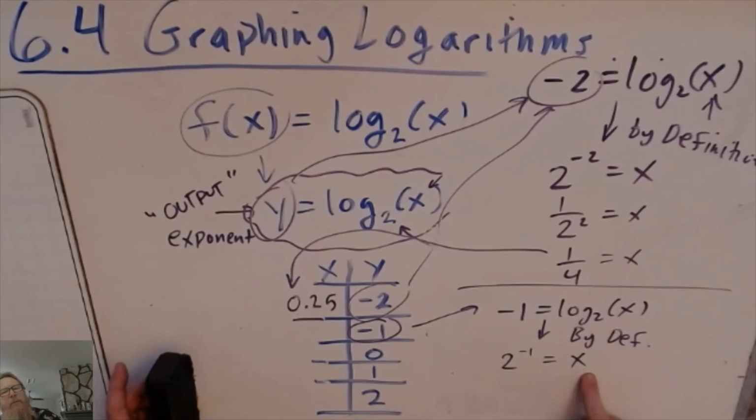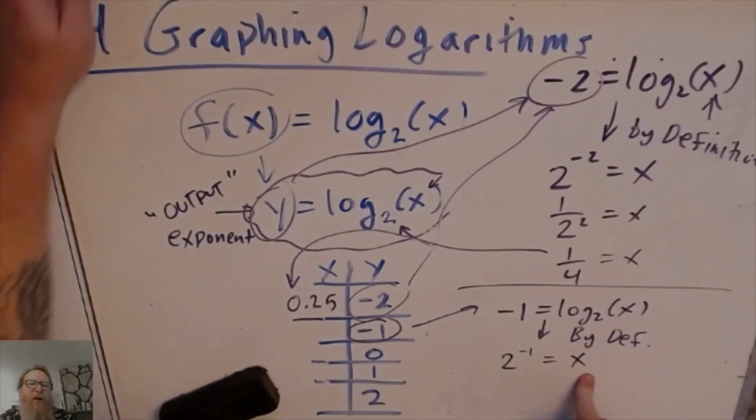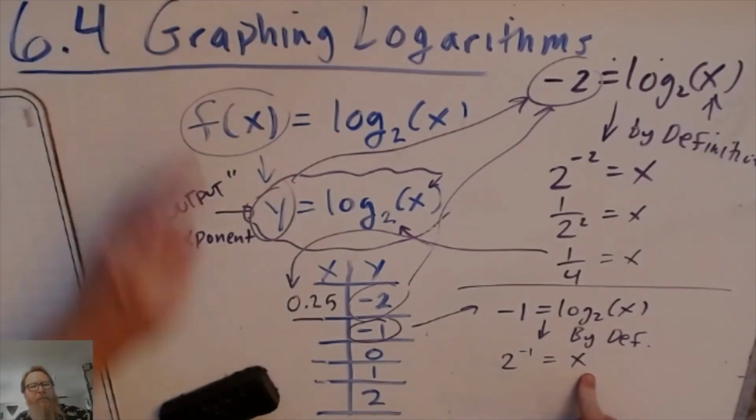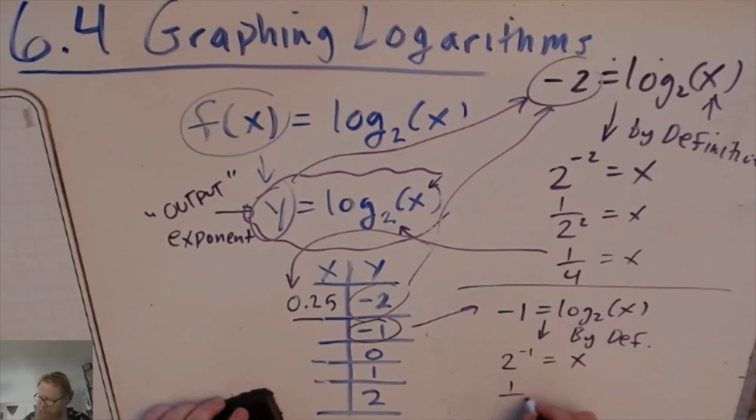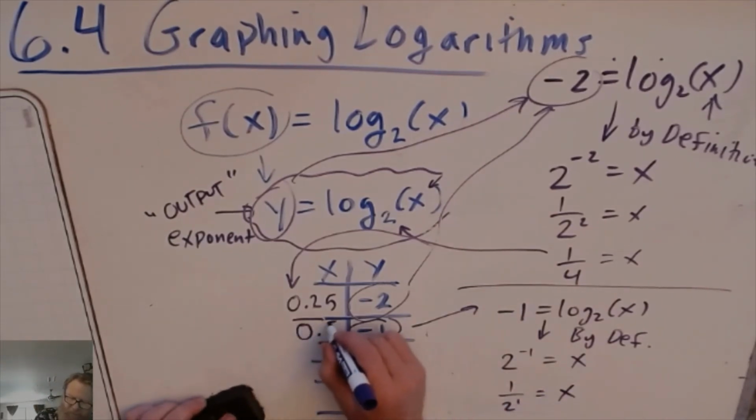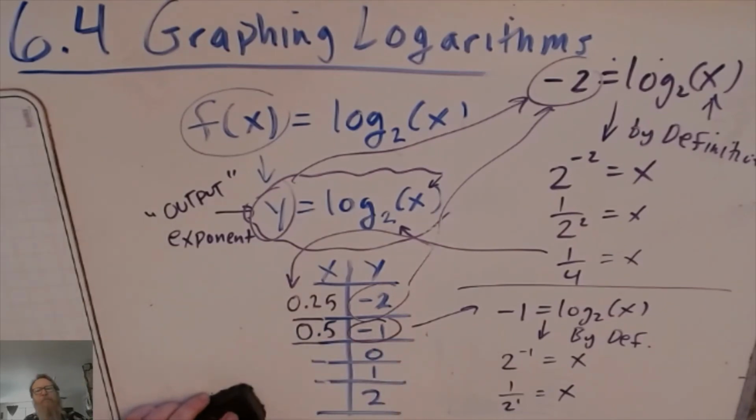That's the whole point of using logarithms. So that's 1 over 2, which is 0.5, 1/2.